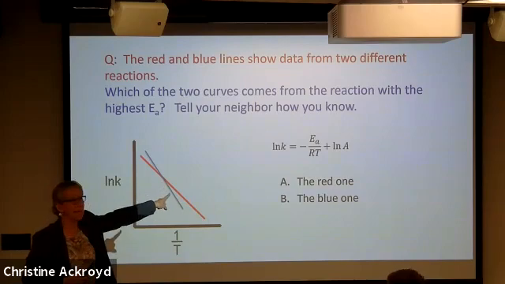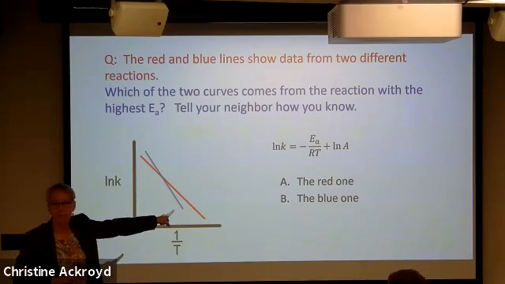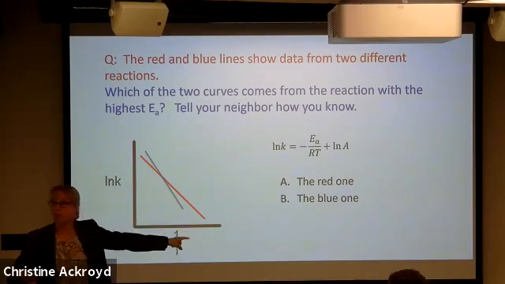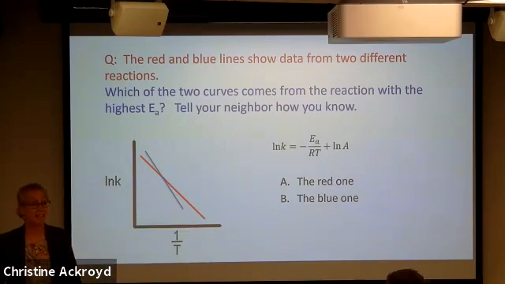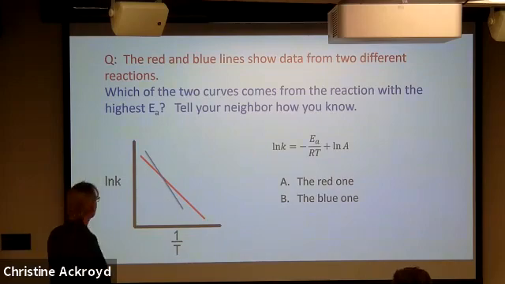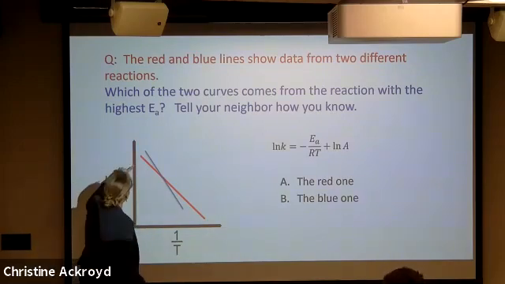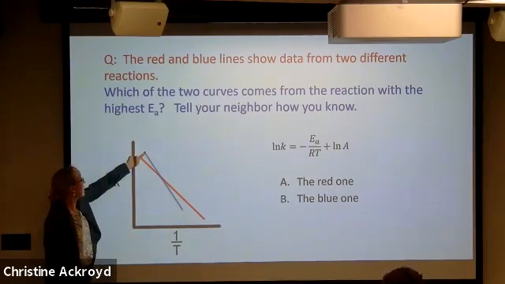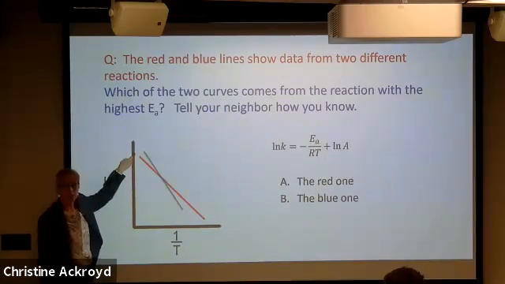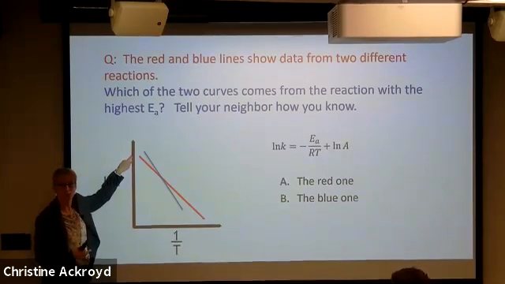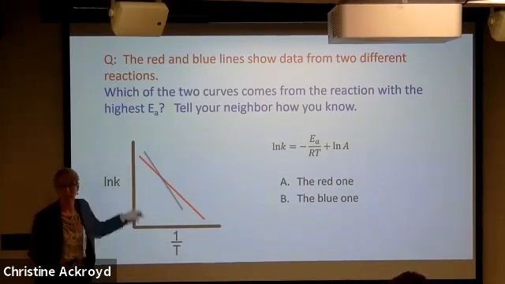So when A is higher, what does that tell you? It tells you that the geometry of the collision matters less, right? So the blue line, the geometry of the collision matters less because the y-intercept is higher. And the red one, the geometry of the collision matters more because the y-intercept is lower, so A is lower.